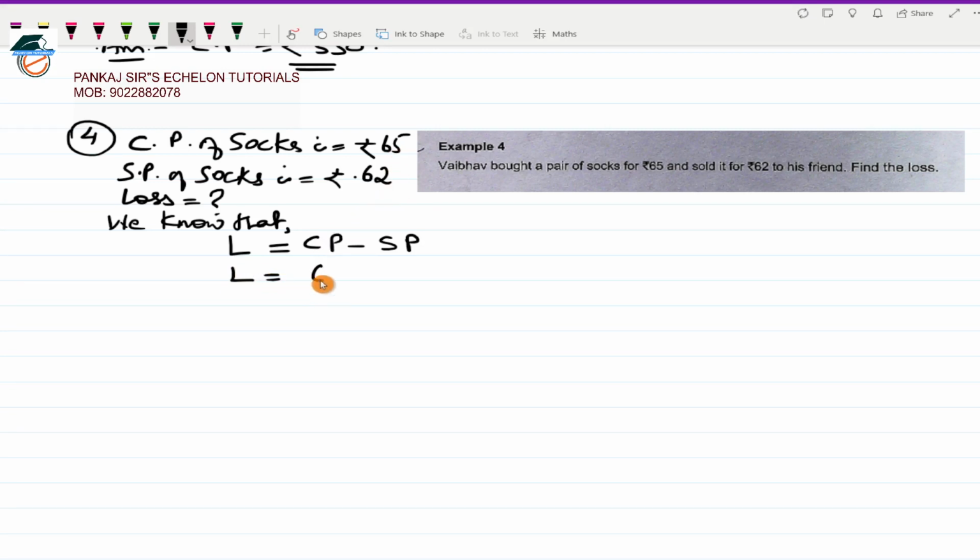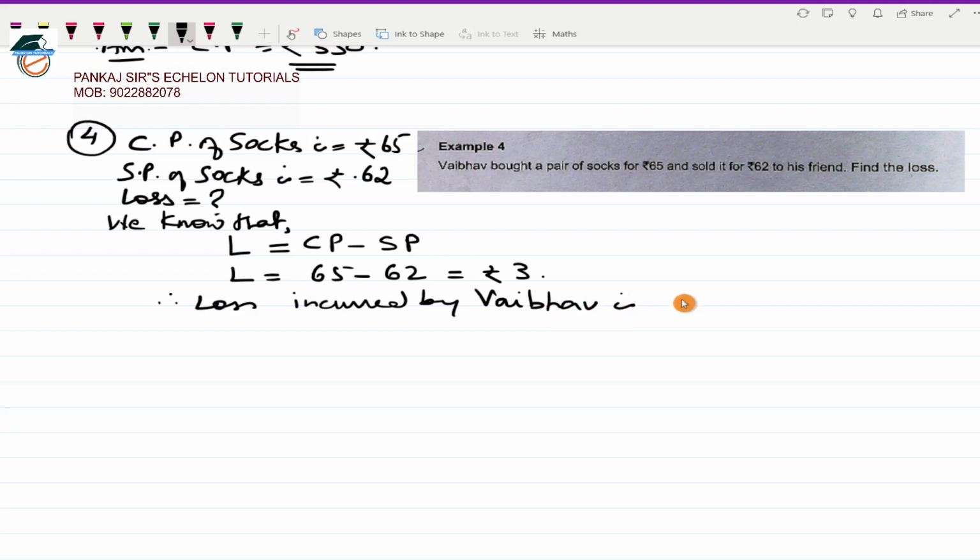It is rupees 65, and selling price rupees 62. 65 minus 62 is rupees 3. Therefore the loss incurred by Vaibhav is rupees 3. That's the answer for example number 4.